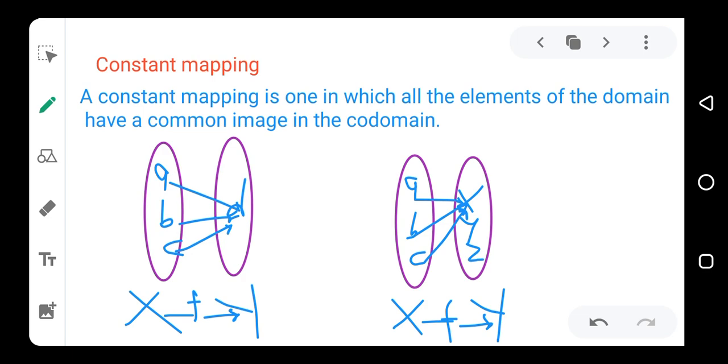So whether we have one, 2, or even 100 elements in the domain, all of them are going to have the same image in the codomain. So in constant mapping, the range is always 1. We always have only one element in the range, because all the elements will map to one element.